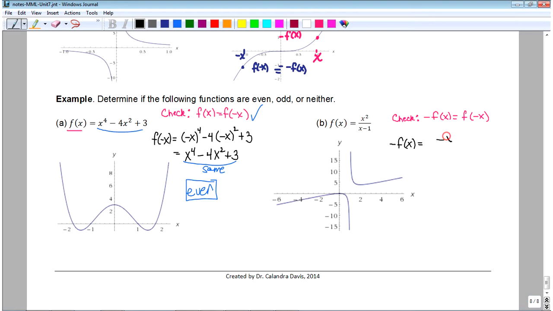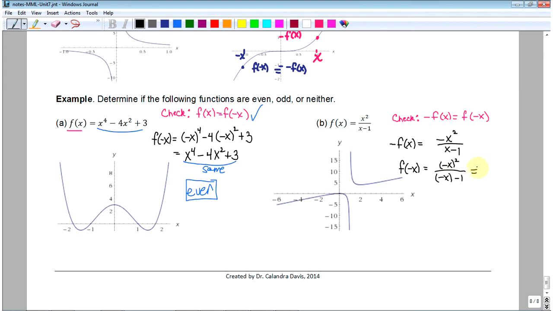So we end up with negative x squared over x minus 1. Well, I need to see if this is equal to f of negative x. So I'm plugging negative x in for all of my x's in my original equation. So negative x quantity squared divided by negative x minus 1.